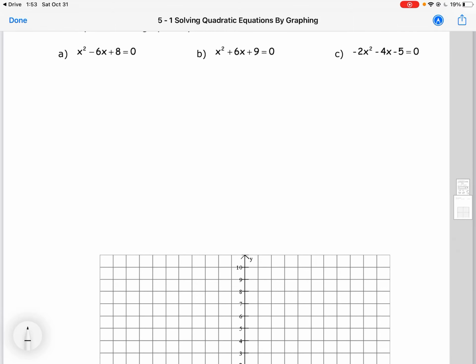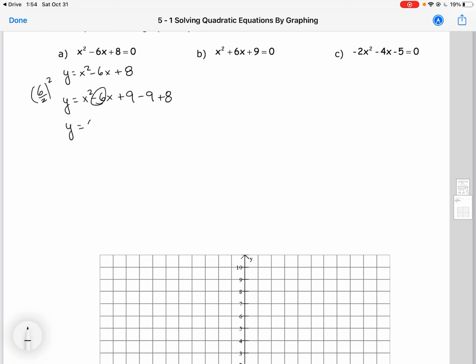So what I would do is we need our related quadratic function. That is what we're going to graph. And in order to be able to graph it, we need to find the vertex and then the point pattern. So in order to do that, I'm going to complete the square. So x squared minus 6x, and then my b value is here. So I've got b divided by 2 and squared, which is going to give me plus 9, minus 9, and then plus 8.